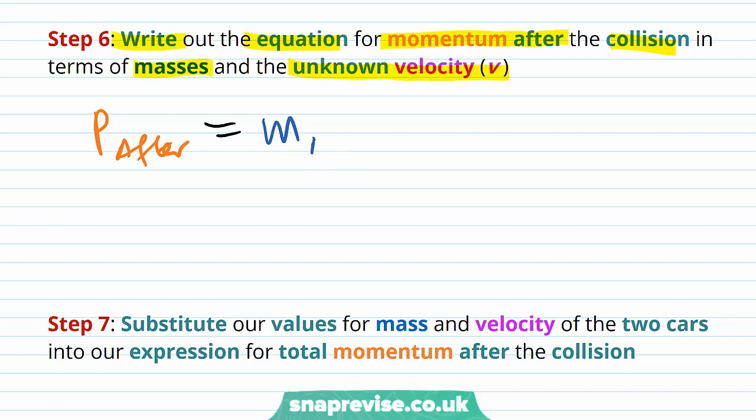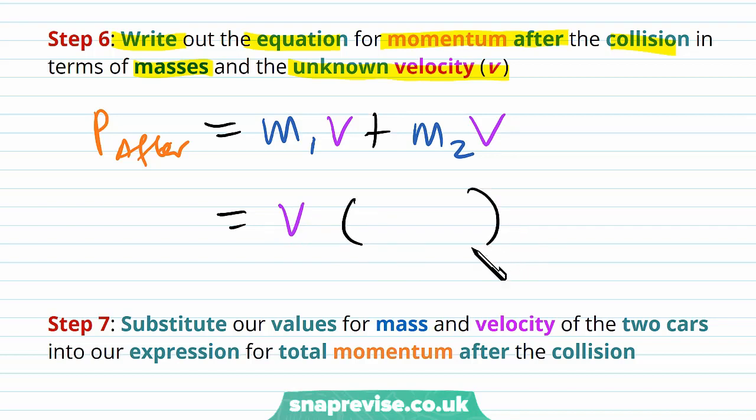So for the first car, it's got mass m1, and we know it's got final velocity v, which is common to both cars. When we write the momentum of the other car, we again write m2 times v. The velocity is the same, which is why we can factorize this expression by taking the velocity out, and we're left with the sum of the two masses.